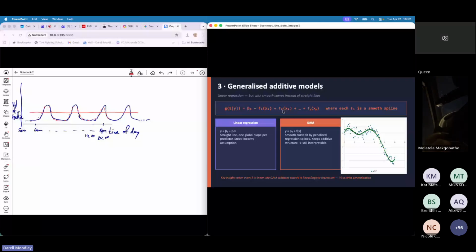Often these f's, these functions, are called basis functions, and splines are used. That's a very common model used to fit the data. The benefit of splines is that it doesn't need to make any assumptions about the data. It doesn't need to assume that it's following any sort of distribution. It just looks at the data and fits according to that.